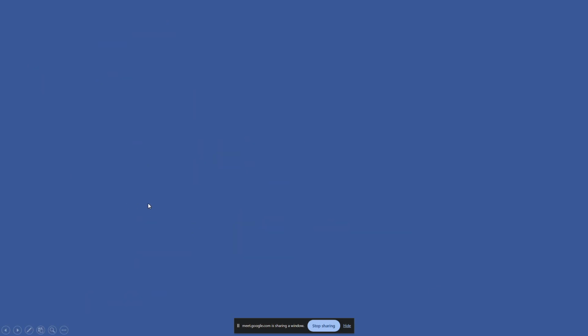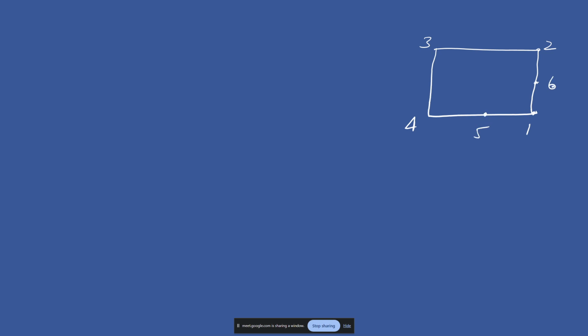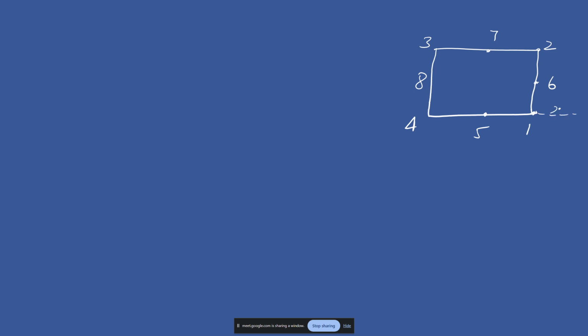And let's see how we are solving for the N7. Let me draw the figure again. So for the N7 figure, this is your node 1, this is 2, 3, 4, and this is 5, 6, 7, 8. This is your x equals 0, this is your y equals 0.